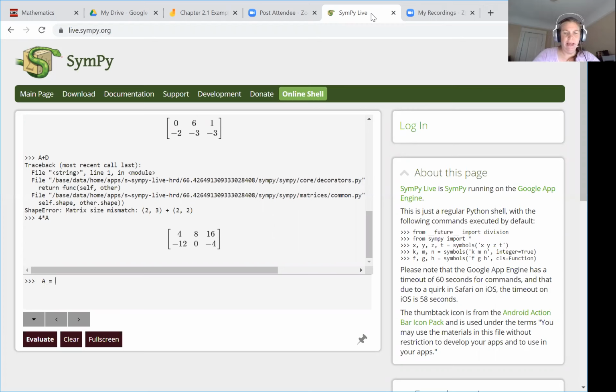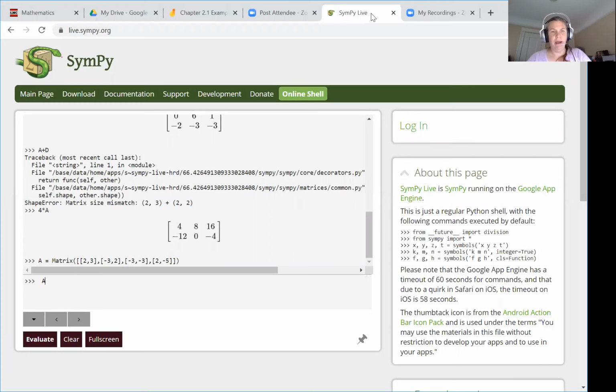I'm going to say A equals matrix, and then the first row is 2, 3, and the second row is negative 3, 2. The next row is negative 3, negative 3, and the last row of matrix A is 2 and negative 5, and then close it off with my parentheses.